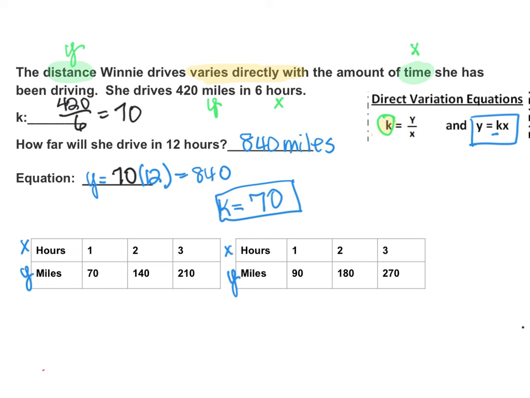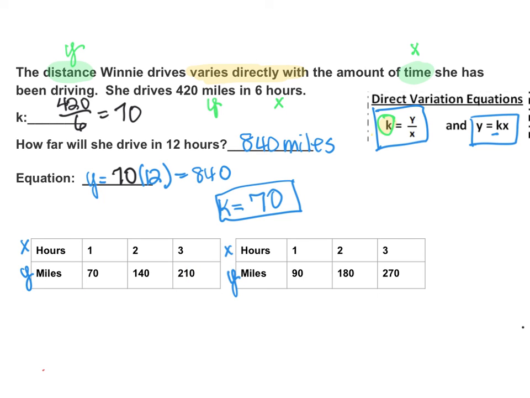Now all you have to do is go back to look at your little formula, or recall what direct variation and what the K is, and you are going to divide 70 divided by 1, 140 divided by 2, 210 divided by 3. Make sure that when you divide them, they all equal 70.